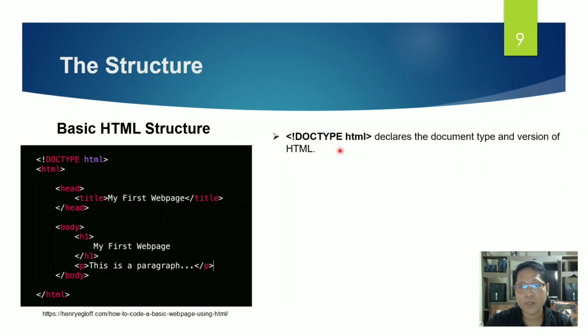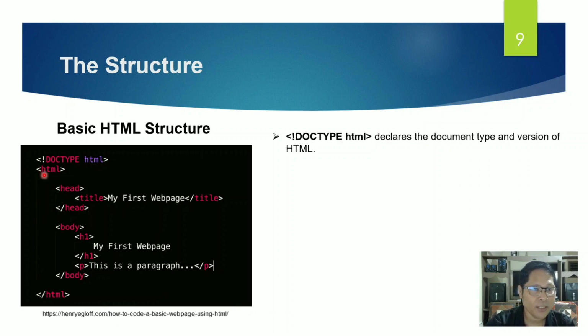The doctype HTML declares the document type and version of HTML. This is a declaration of what we are using, whether we are using HTML4 or HTML5. I think now we are using HTML5.